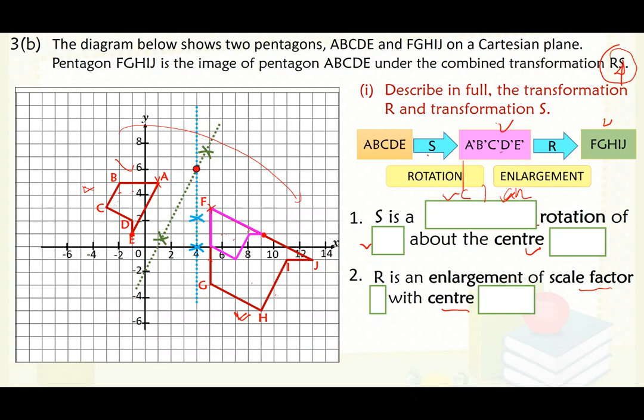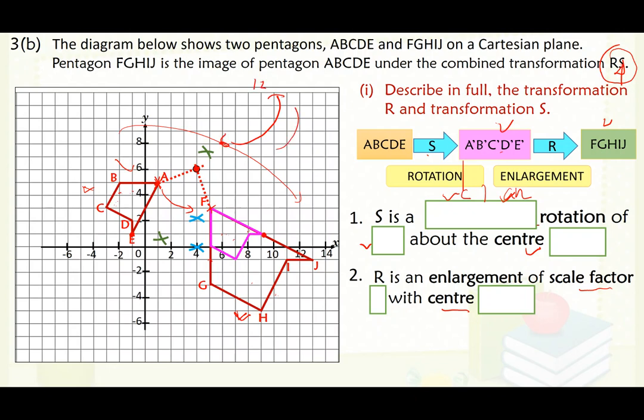So a center of rotation. Now I connect the corresponding points with straight lines to the center of the rotation. This one has to turn like this, from 6 go to 12.